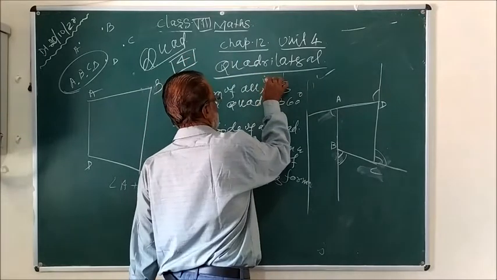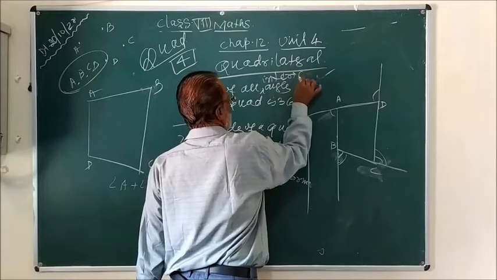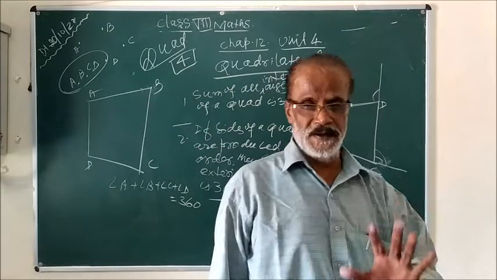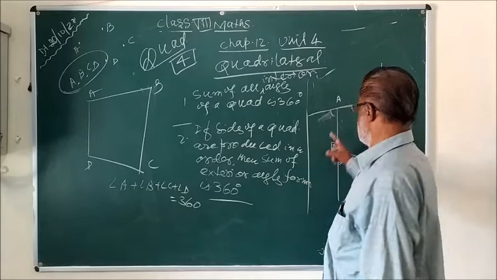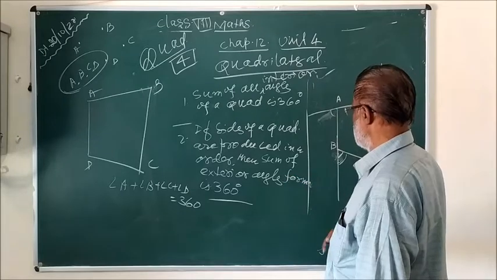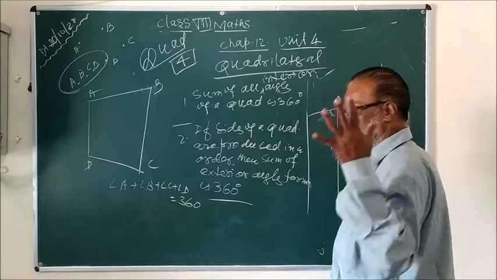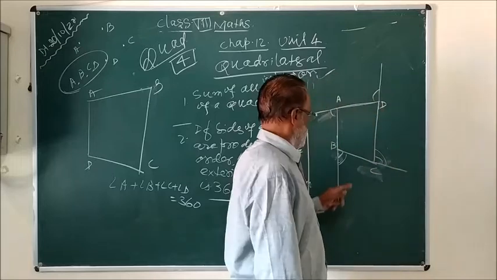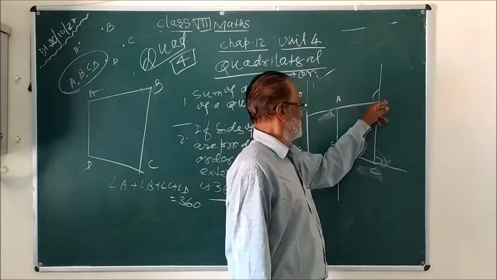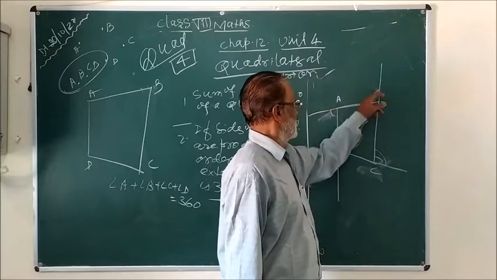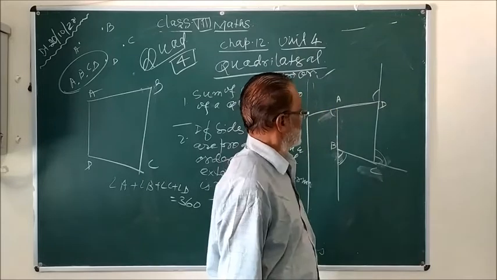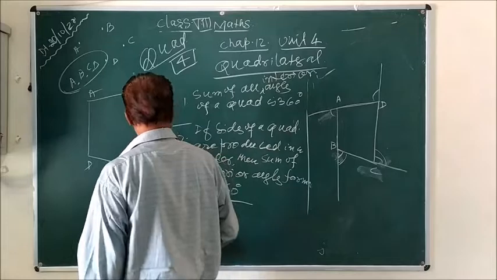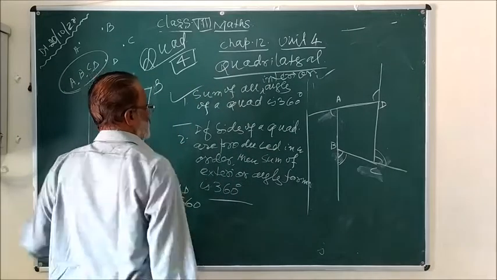Here we can write, and should write, interior: the sum of all interior angles of any quadrilateral is 360 degrees. And secondly, if the sides of any quadrilateral are extended, produced in order, meaning ABCD is a quadrilateral and we extend AB, then BC, then CD, then DA, the sum of these four exterior angles will also be 360. We will prove this, but first look at the first point, the sum of all angles.